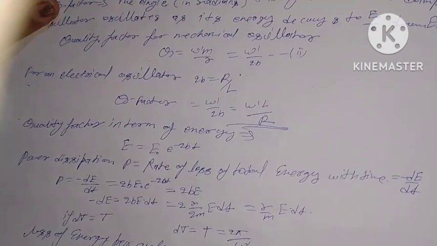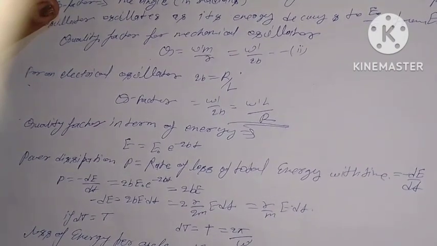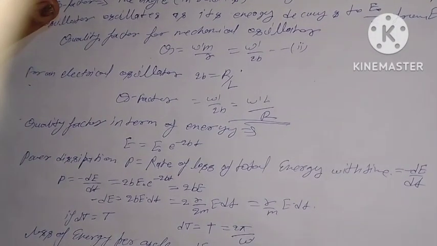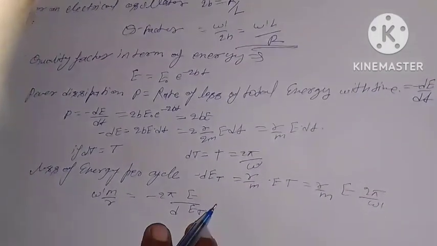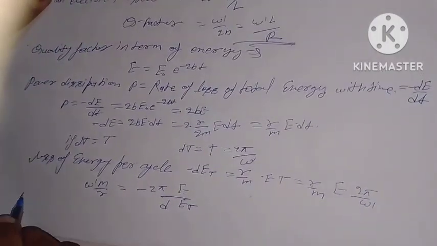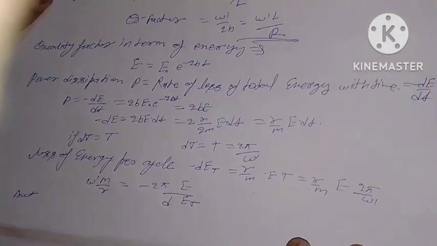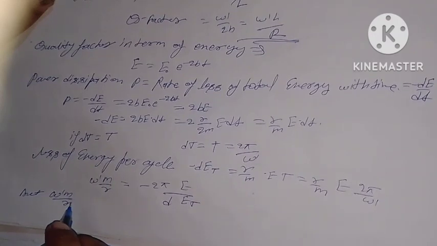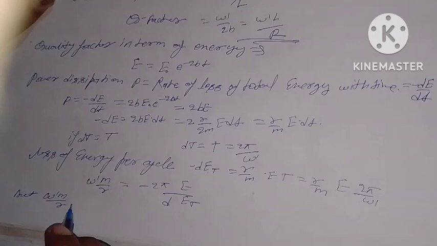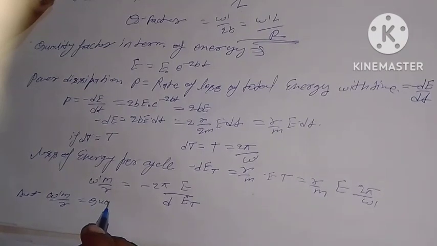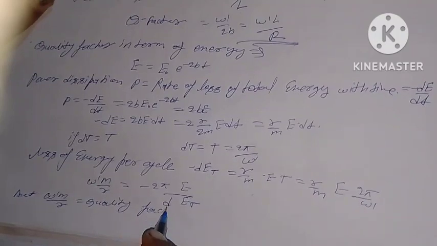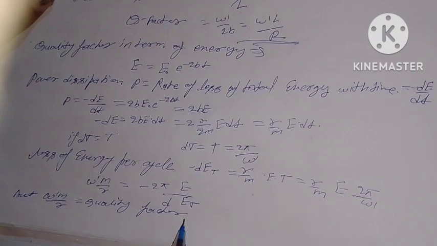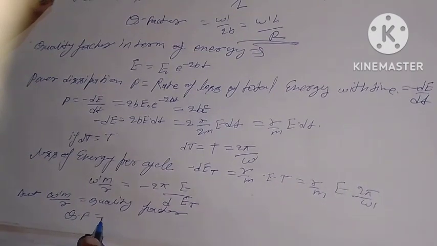Then omega dash m by r equal to 2 pi E by dE, but omega dash m by r is the quality factor as proved previously.